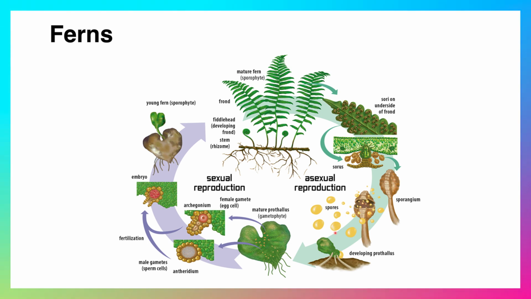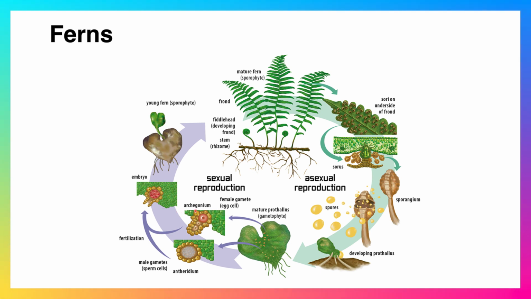The spores hit the ground. When the spores hit the ground, they form something called a prothallus. The prothallus is the gametophyte form of the fern. And when you look at a fern, you'll see all the leaves of the sporophyte, and you have to look pretty carefully to see the actual prothallus, because it's not very big and it's not as dramatic as the sporophyte form.